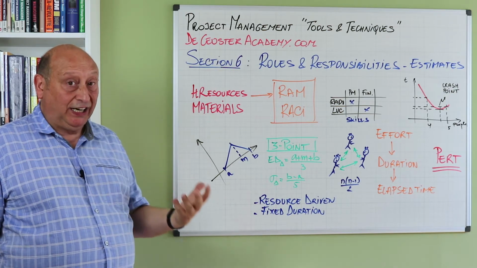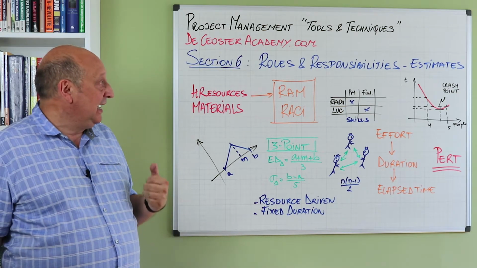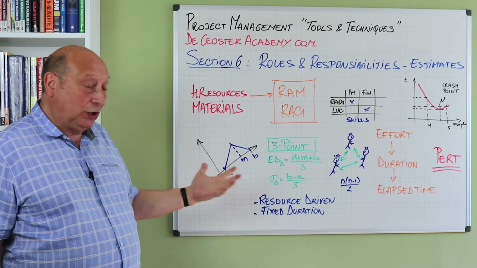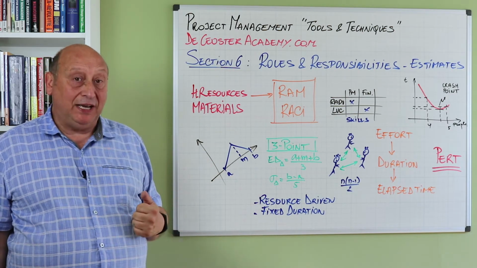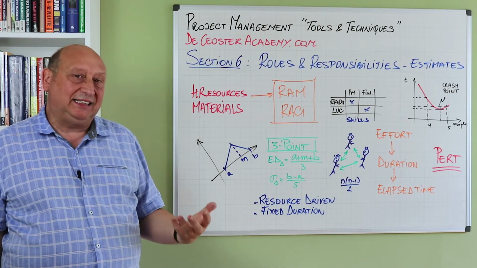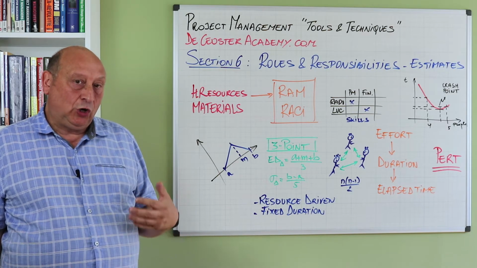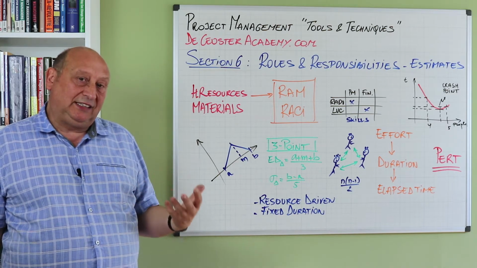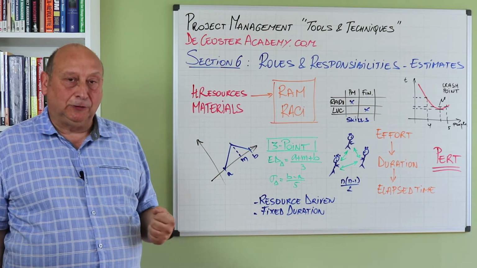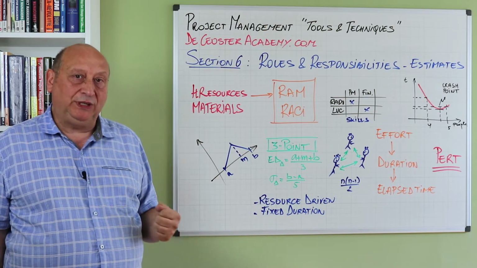Estimating the duration of activities is done also by looking at what we call 3-point estimations or PERT. Here we have to do some statistical evaluation. We are looking at a statistical approach to activity duration. What are the elements we have?